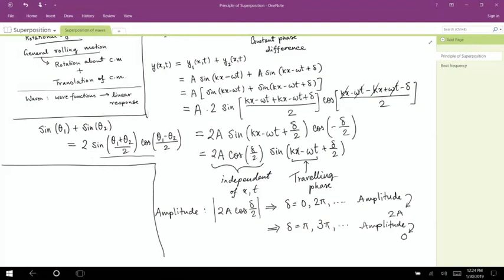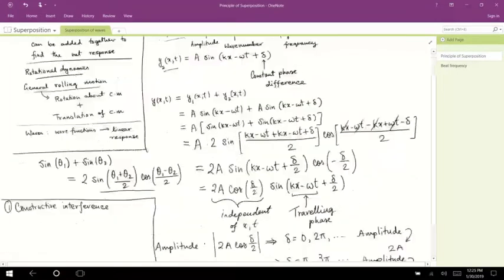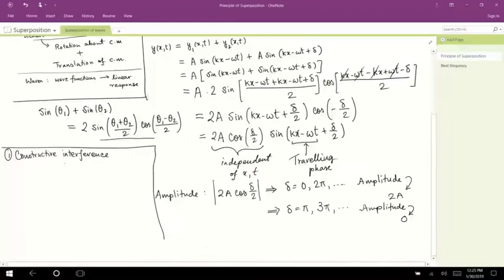So this tells us that there are two interesting kinds of interferences. So the first kind is a constructive interference. This constructive interference happens when the phase difference between the two waves, remember this constant phase difference delta, is some multiple of 2 pi.